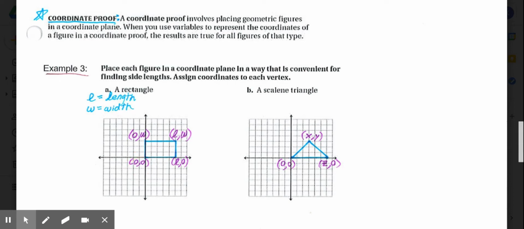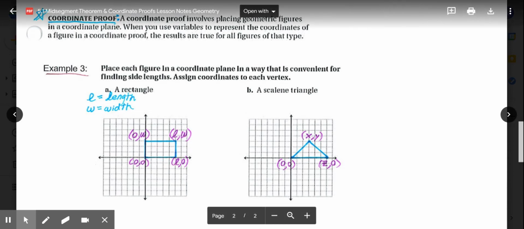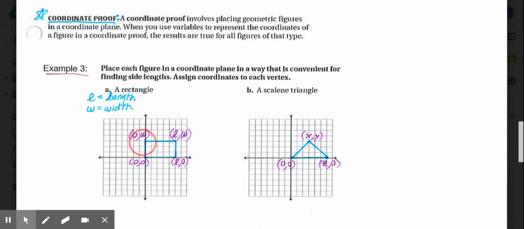So I could have drawn this rectangle a few ways, but I drew mine just like this. Then, instead of giving numbers other than the 0, I'm using L for the length and W for the width. So if I have a point at 0, 0, this point is at 0, W. We don't know W, we haven't assigned it. We're just saying it's not changing where we are at all horizontally.